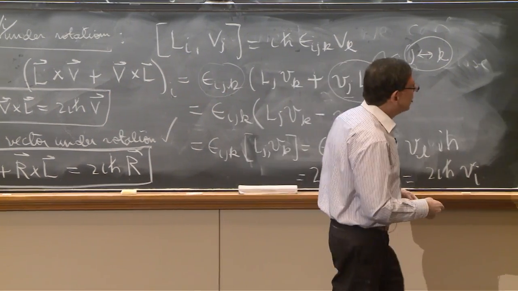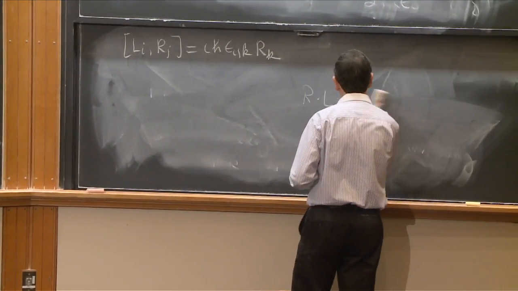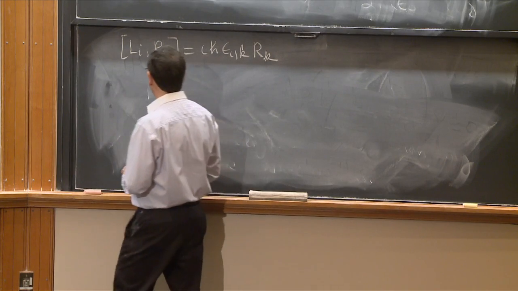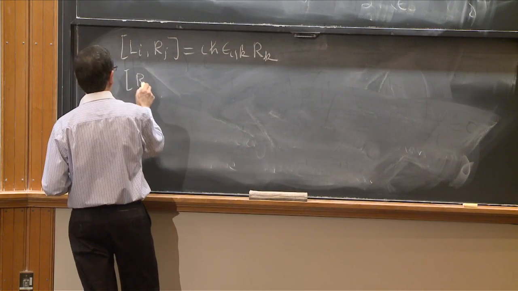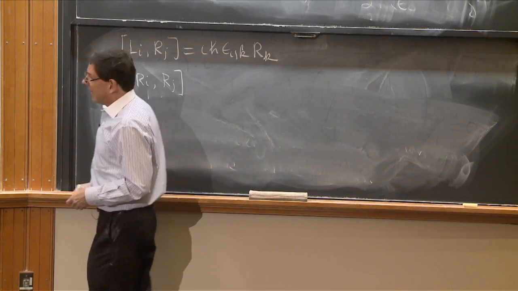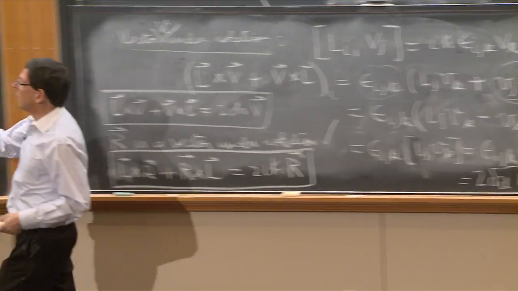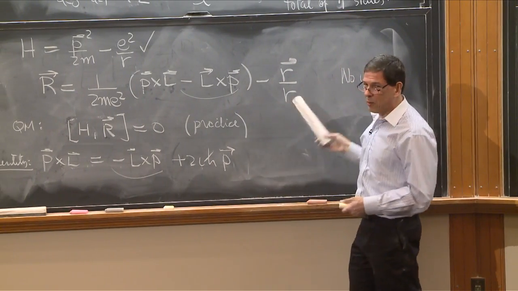But the calculation that you really need to do now is the calculation of the commutator, say, of Ri with Rj. And that looks like a little bit of a nightmare. You have to commute this whole thing with itself.